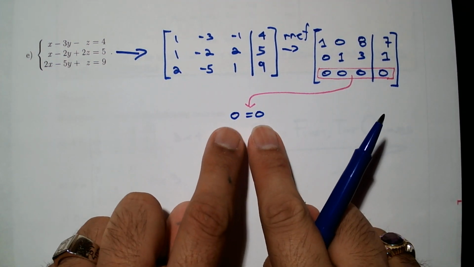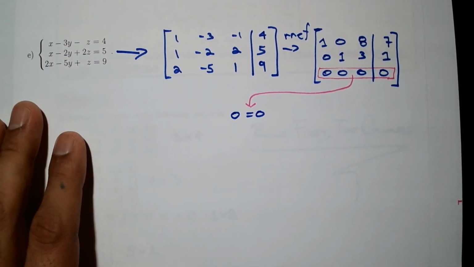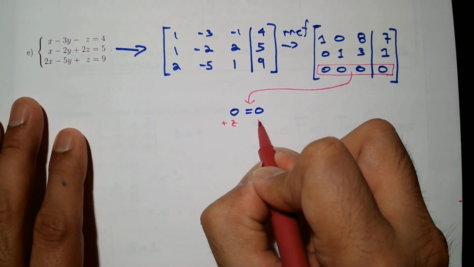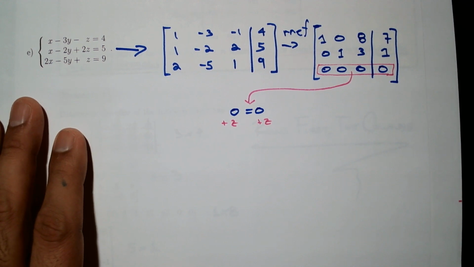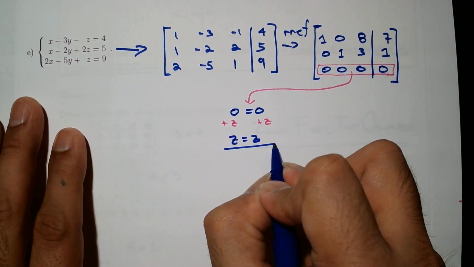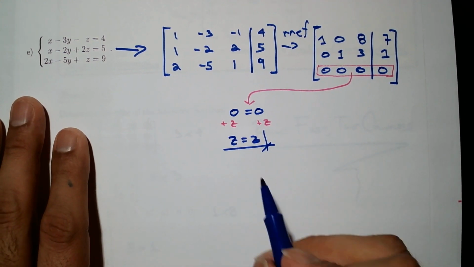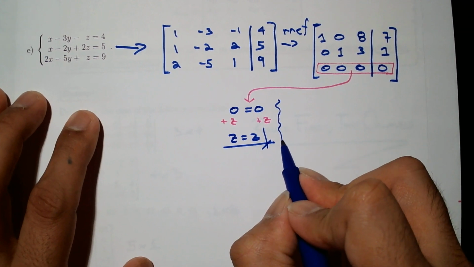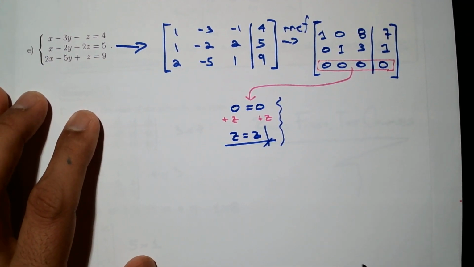So that's what I'm going to do here. In this case, I'm going to add z to both sides. So z equals z. So that's our first solution. I will explain more about this in a moment. For the second row, what are we going to have?